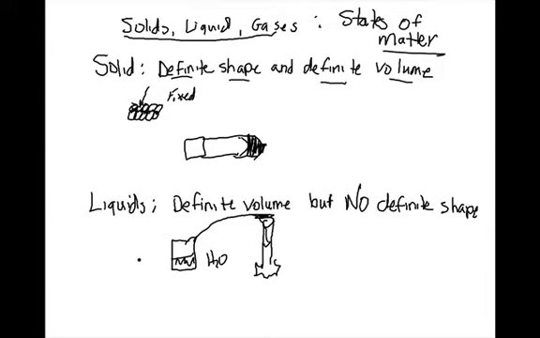Whatever it was in here, let's say it was 10 milliliters, and we've put it in here, it is going to still remain 10 milliliters, even though we had gone from one container to the other. So that's telling us that it has a definite volume. The shape, however, may have changed.